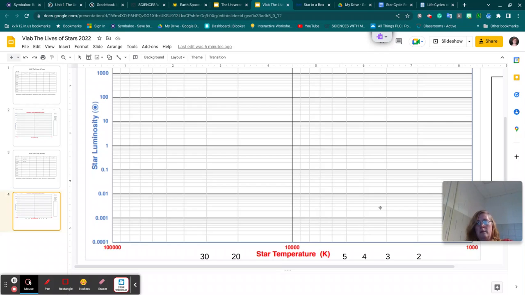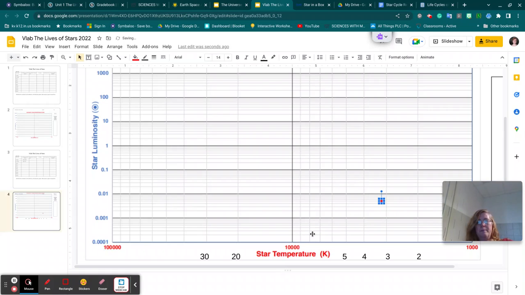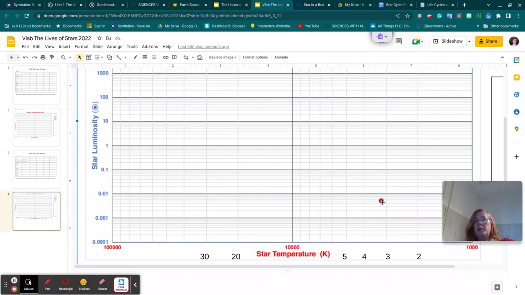So 1, 2, 3, 4, 5, 6. We're talking about somewhere around here, and I'm going to draw a circle like so. And I know I'm going to fill it in red later. I'm going to do red now. Okay. There. I got my first. So is this exactly where it should be? I don't know. Close enough.